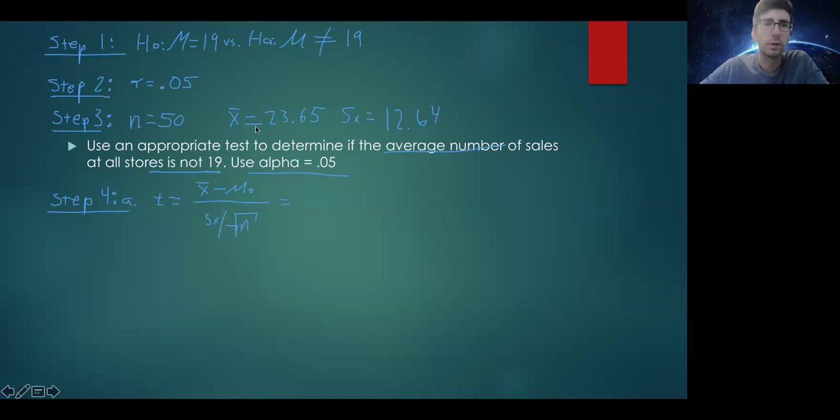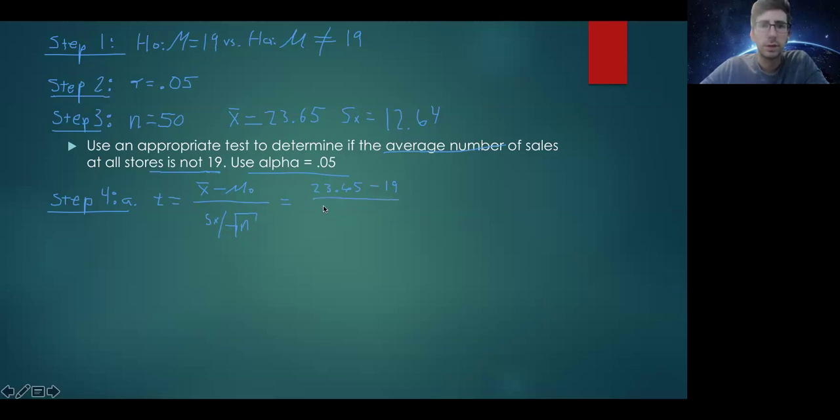We have all of this information, so we can just plug everything in. Our sample mean was 23.65. The population mean we're assuming from our null hypothesis is equal to 19.